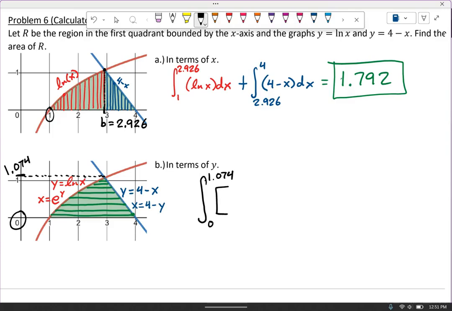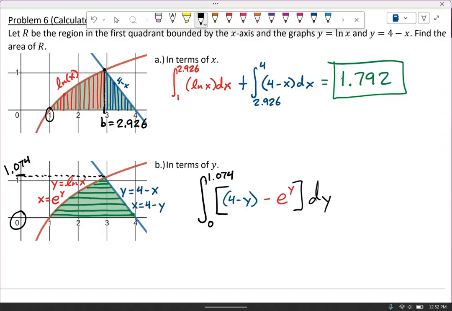What is going to be my integrand in there? 4 minus y minus, it's my left, e to the y, dy.